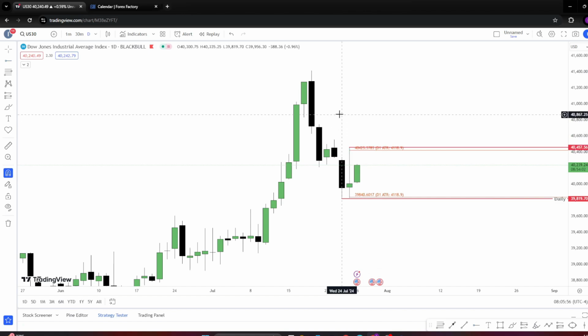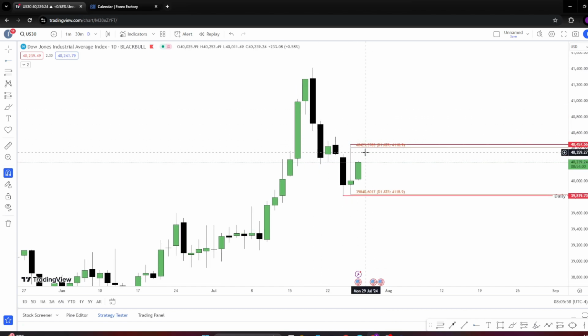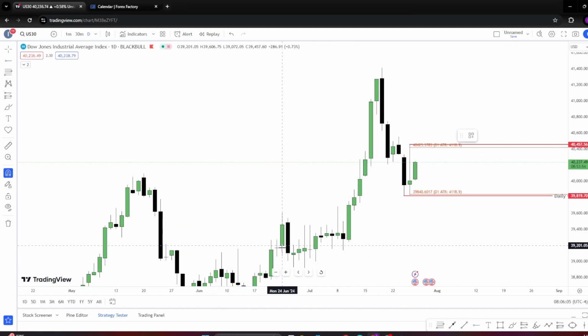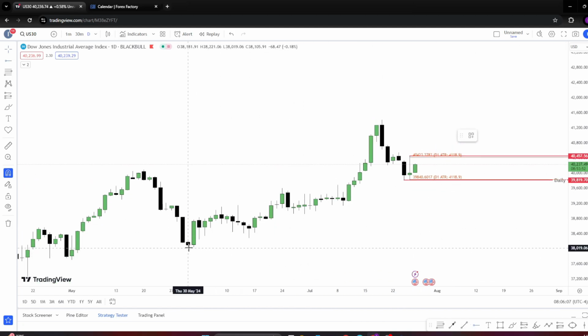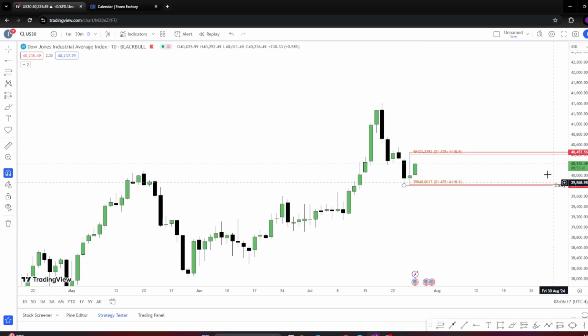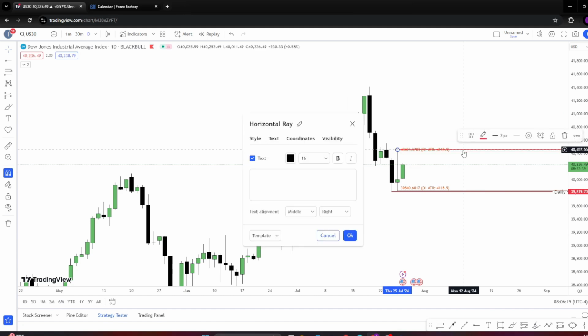We have a high here as well, and I'm only looking to denote the levels that are likely to be tapped within my session. As I mentioned in my previous video, if we talk about this swing low, that's not going to be relevant in today's session, because the probability of seeing a candle that goes this far down is very slim. So let's keep these daily levels for now.